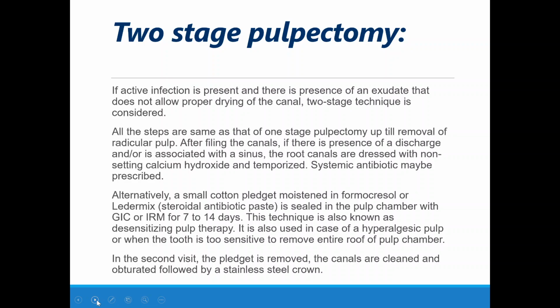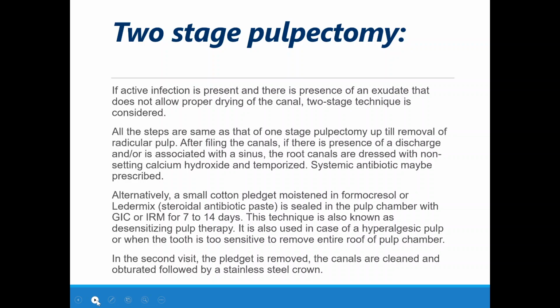This technique is also known as desensitizing pulp therapy. It is also used in the case of a hyperalgesic pulp or when the tooth is too sensitive to remove the entire roof of the pulp chamber. In the second visit, the cotton ball is removed, the canals are cleaned and obturated, followed by a stainless steel crown.